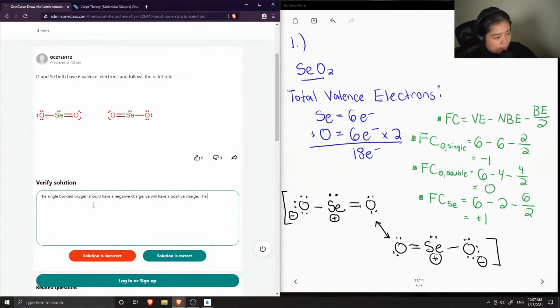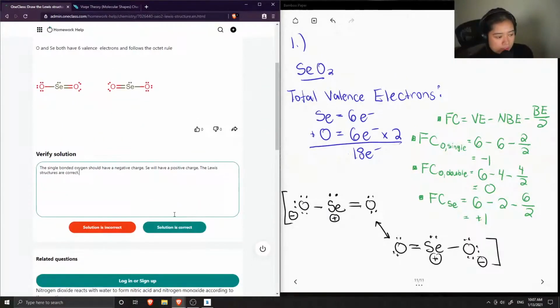But the Lewis structures are correct. So I'll just say that this solution is correct.